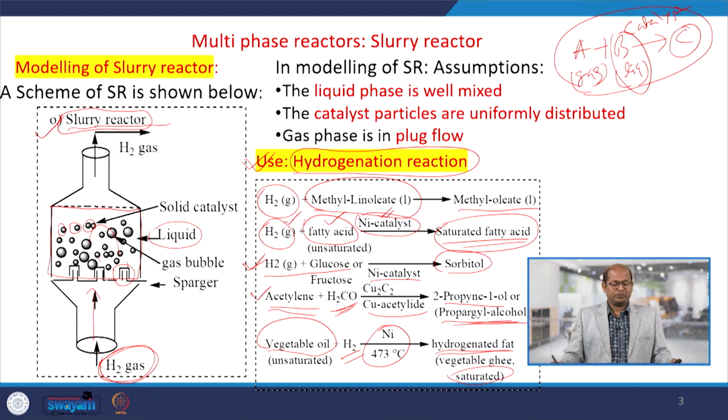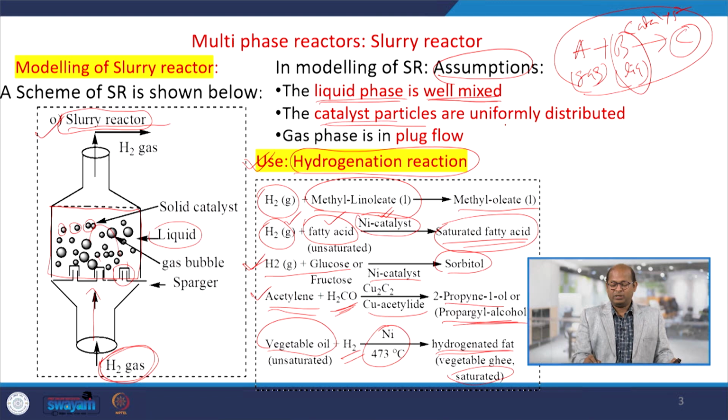When we are going to design or model this type of reactor, before modeling we need some assumptions. These are the assumptions for modeling of slurry reactors. Number 1, the liquid phase is well mixed. Inside the reactor you can see gas, liquid and solids. Here we are considering the liquid phase is well mixed with the catalyst and gas.